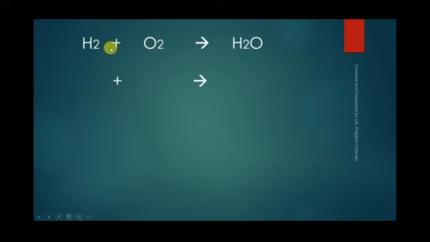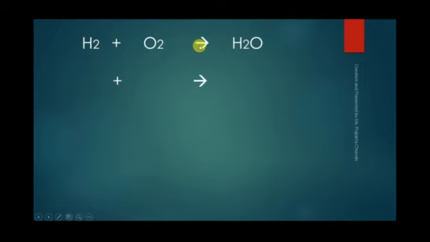So here H2 and O2 are taking part in this reaction. Or in other words, reactants are the substances present on the left side of the chemical equation. So here on the left side, we have H2 and O2. So H2 and O2 become our reactants.